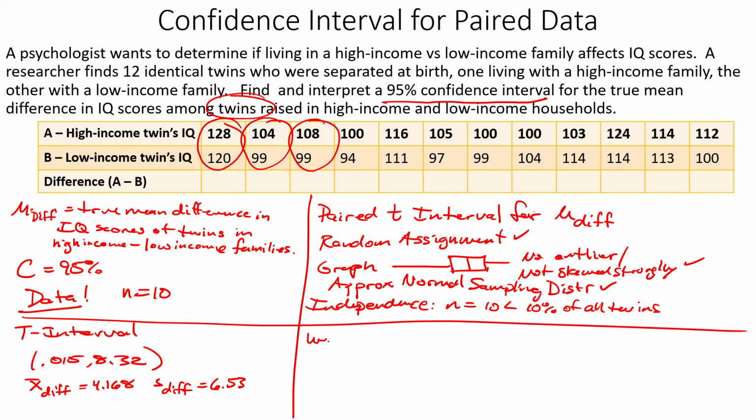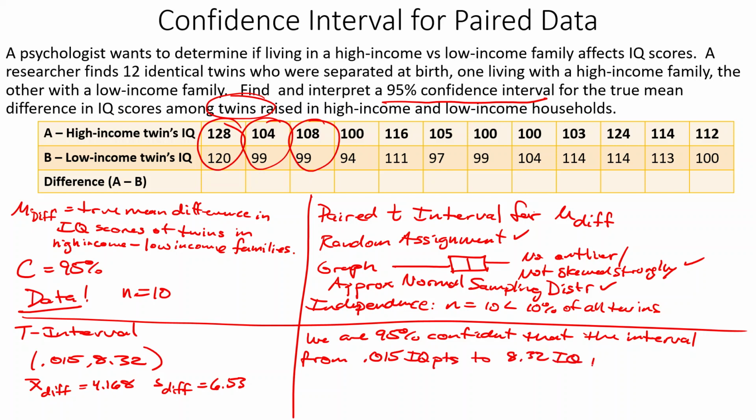All right. And then we write our sentence. So we are 95% confident that the interval from 0.015 IQ points to 8.32 IQ points captures the true mean difference.